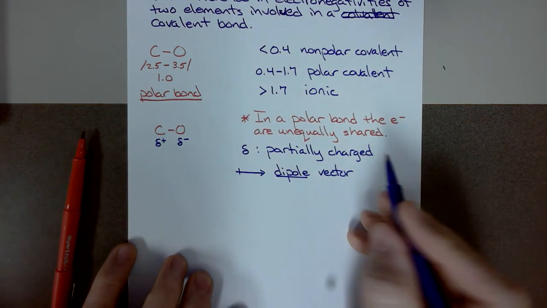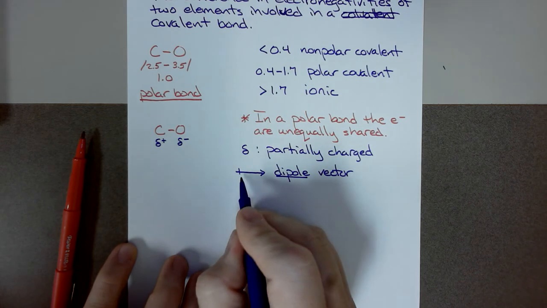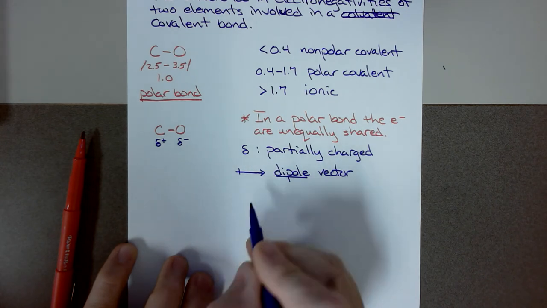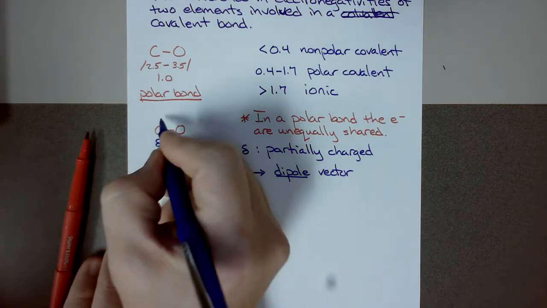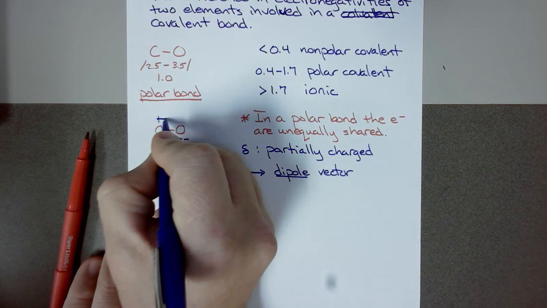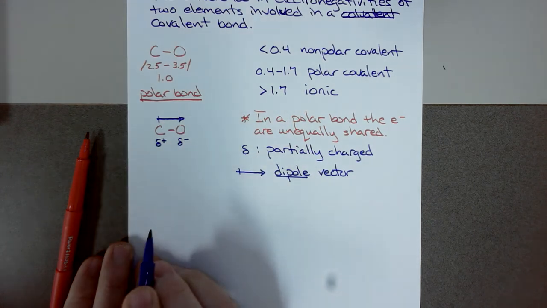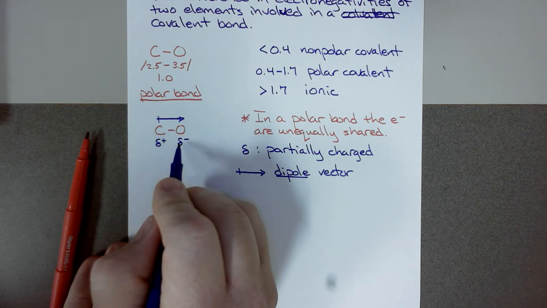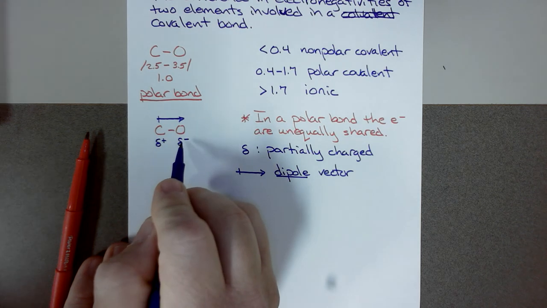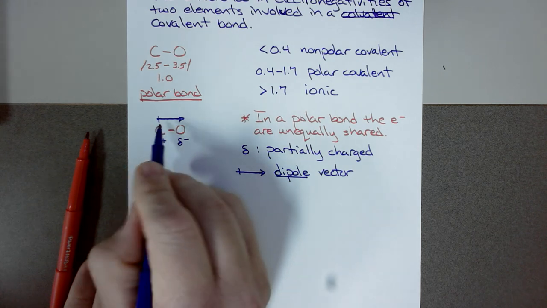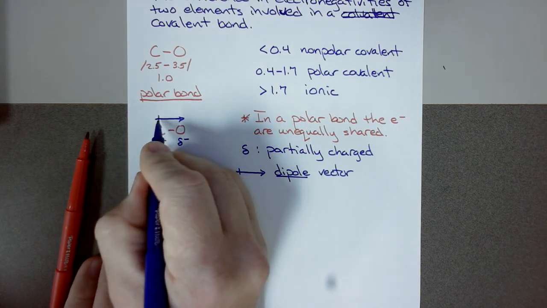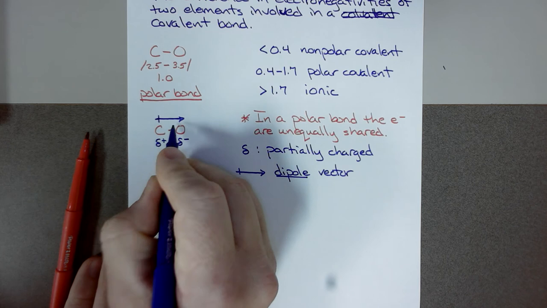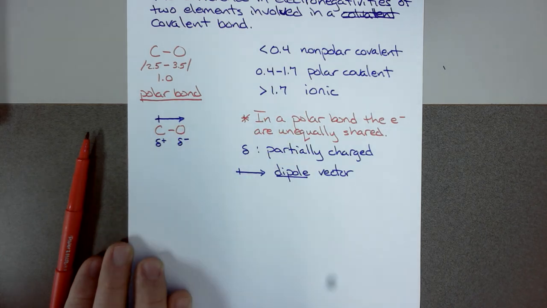The dipole vector shows the direction of the unequal sharing. If I draw it so that the arrow points towards the more electronegative element, or the one that has the partial negative charge, this will indicate the dipole direction. It's easy to remember that we put a little positive sign on the element that's partially positive and the arrow towards the element that's negative.